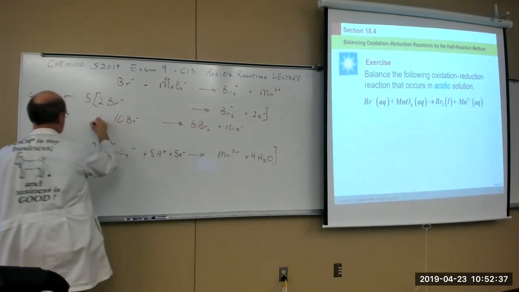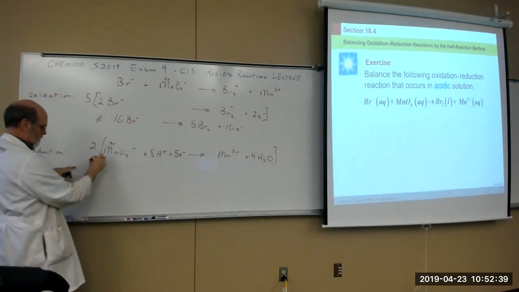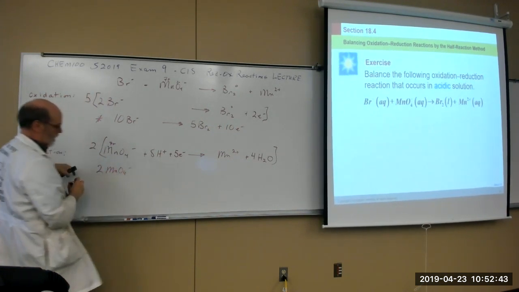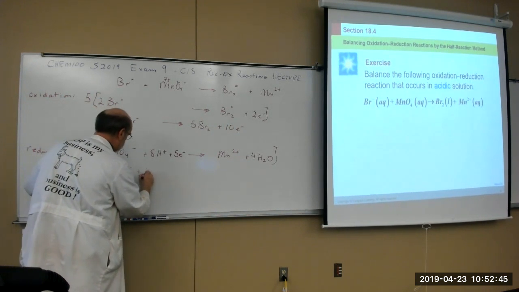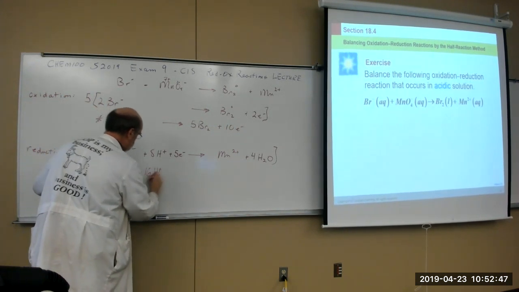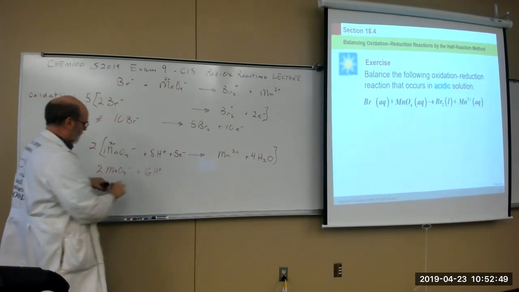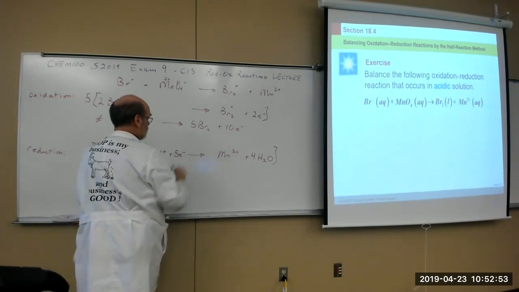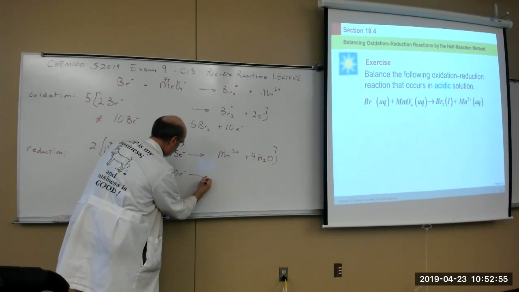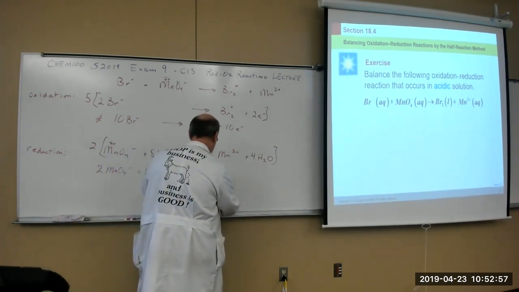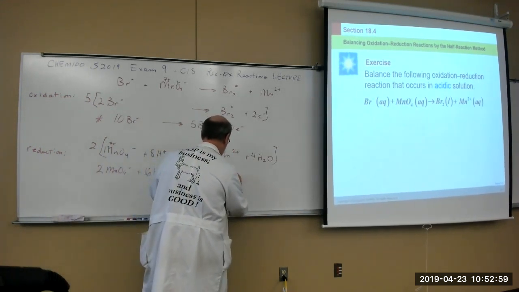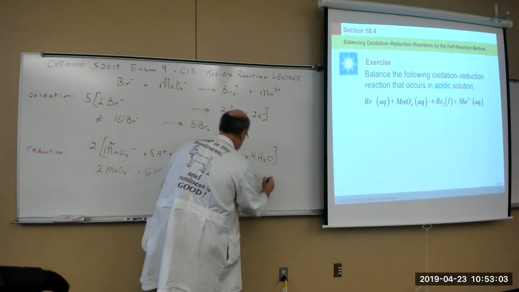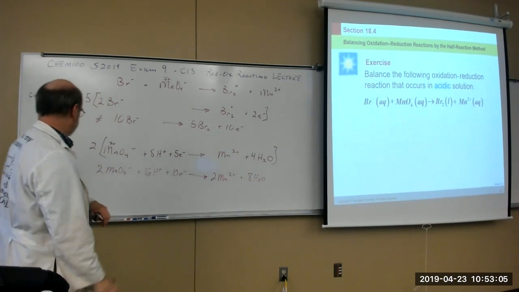Okay, so we're going to take that one and add it to this one. So we have 2 there, 16 here, 10 electrons here to match those 10. And then we have 2 of these, and 8 of those. Okay?